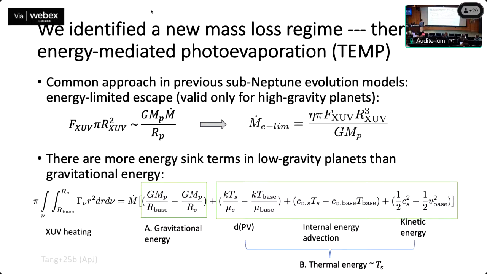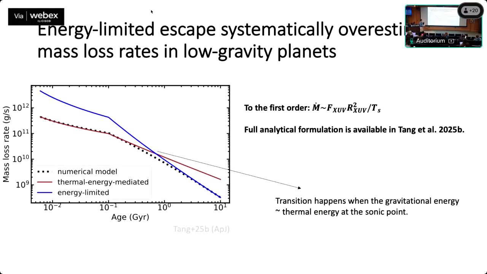What is the bottleneck is actually how much energy you need to maintain the wind temperature that generates a suitable pressure gradient for the outflow, as well as accelerating the material to the sound speed. And those terms are in proportion to the temperature, which we collectively call thermal energy. So in low gravity planets, we found that it's thermal energy dominated, which strongly impacts the escape rate.